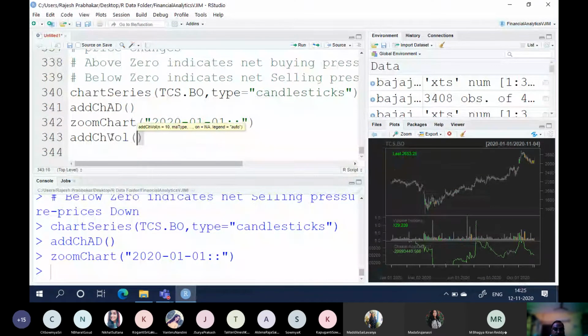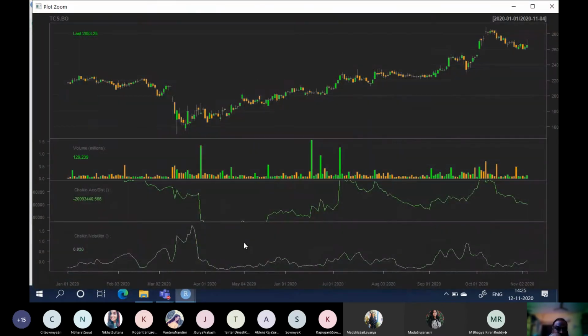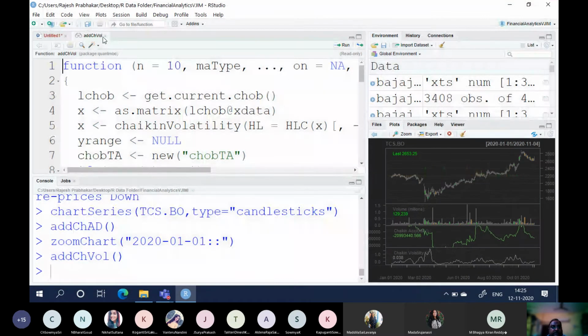What is add EH vol? Chaikin volatility. This is different. This is the Chaikin AD indicator. Volatility is different. So Chaikin AD is the thing.